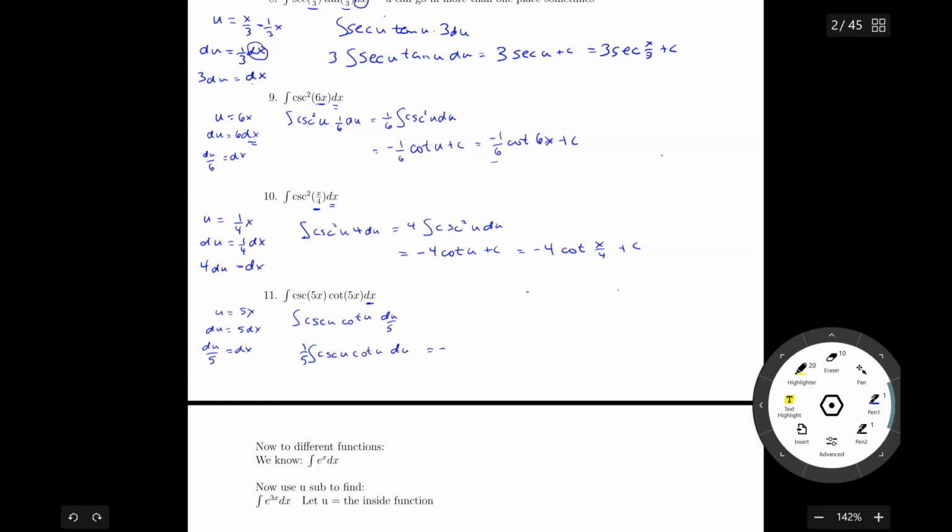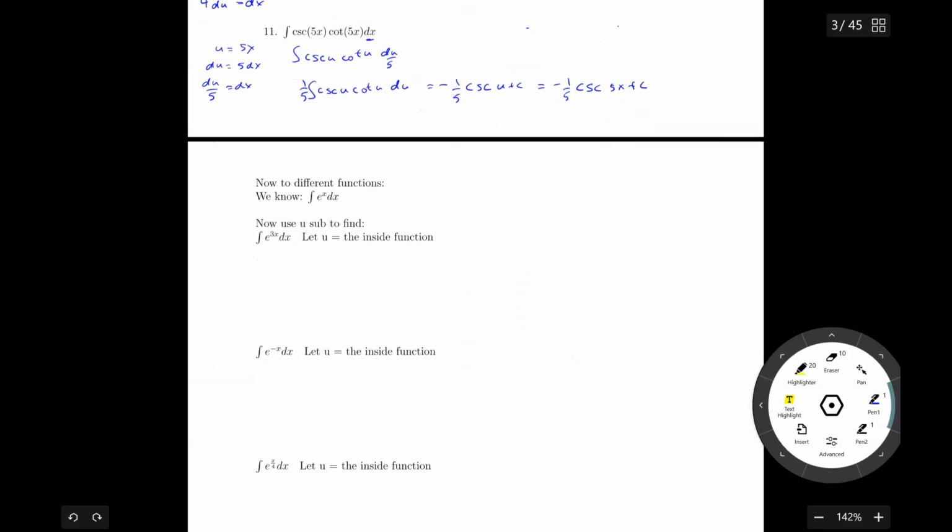So now let's take the antiderivative. So I get a negative cosecant of u plus a c. So let's put the x's back in. All right, so I think we can establish, we got e's to do next, and then we're going to get a nice healthy pattern that we'll be able to use.